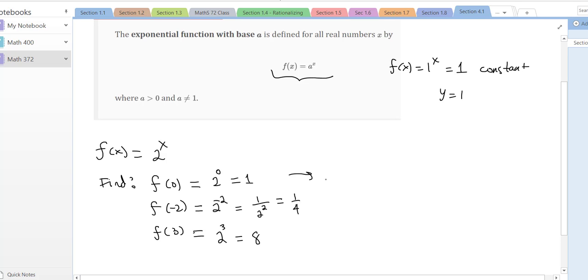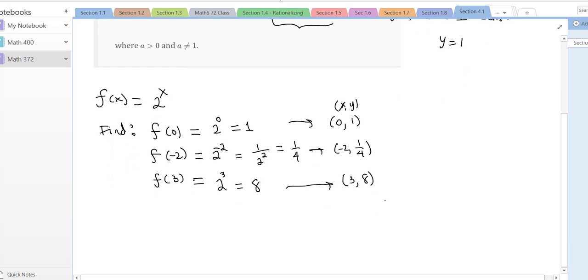So as coordinate pairs, this will give me x is 0, y is 1. Here x was negative 2, y became 1/4, and for this one we have x is 3 and y would be positive 8.